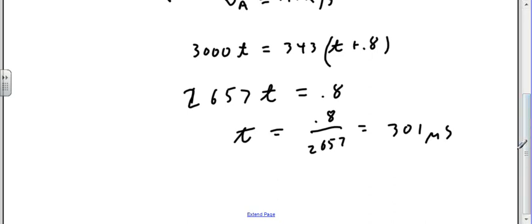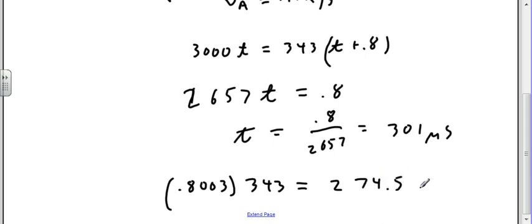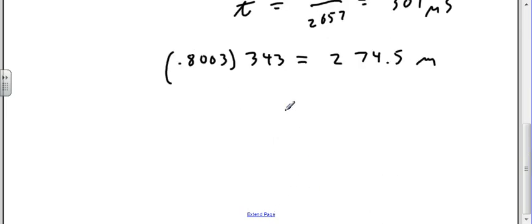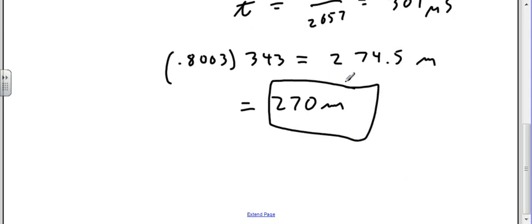So 0.8003 times 343 means that I'm 274.5 meters away would be my distance. And then I go back and see, well, I only have 2 significant digits, so I'd say 270 meters would be my 2 significant digit answer.